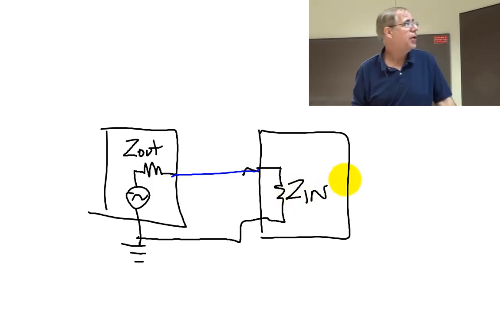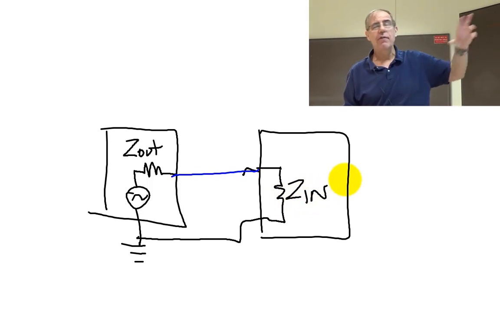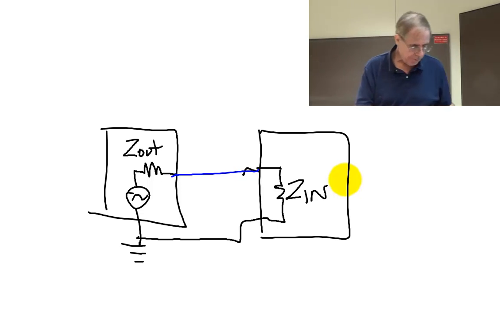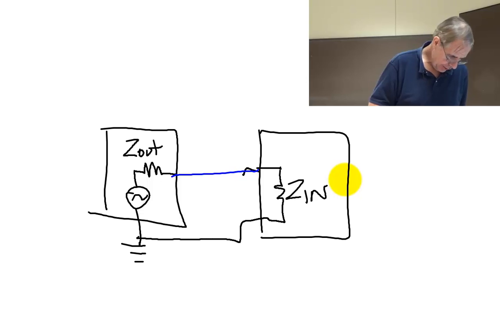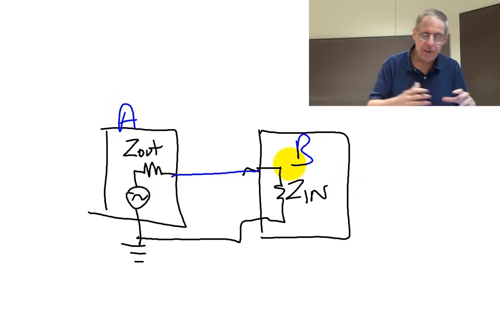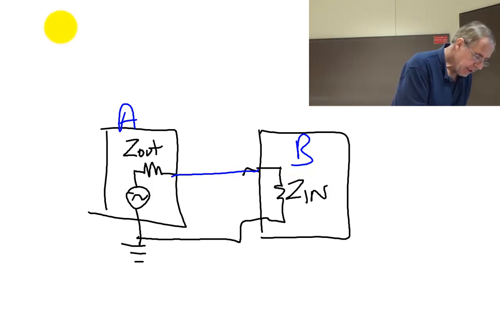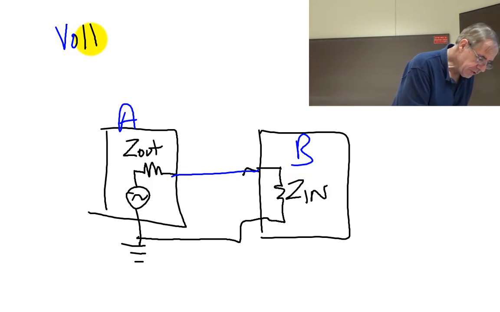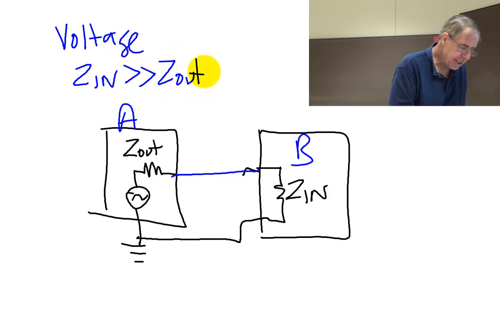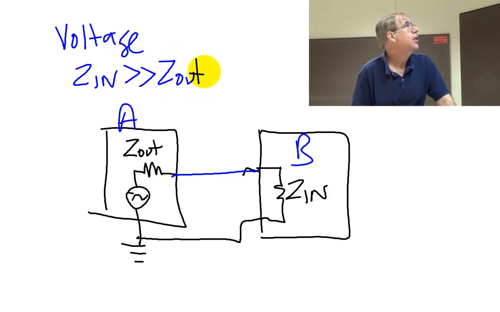Now, I'm not comparing the input impedance of a module to the output impedance of that same module, right? I'm comparing the output impedance of A with the input impedance of B, assuming A is connected to B. So when I'm transferring voltage from one to the other, this is going to give me a design parameter that says I want the input impedance to be larger than the output impedance.